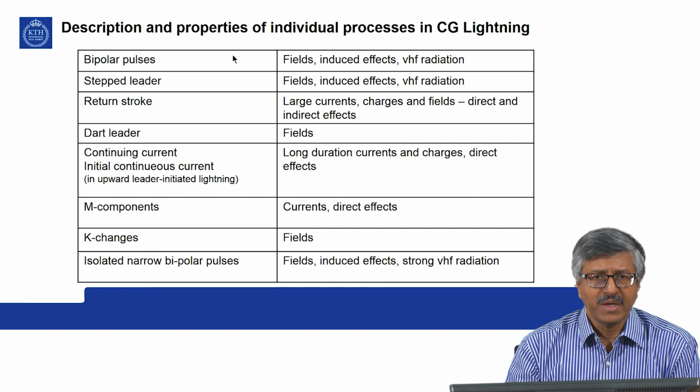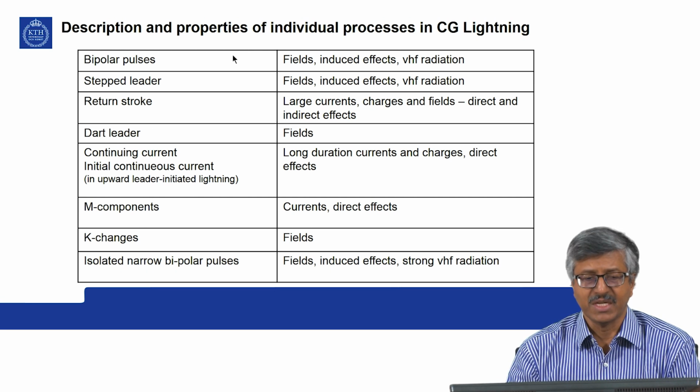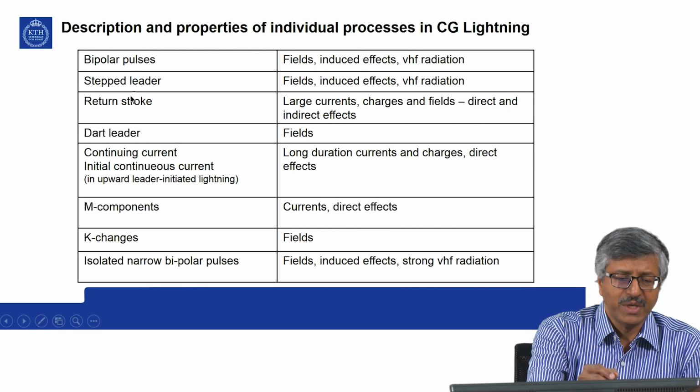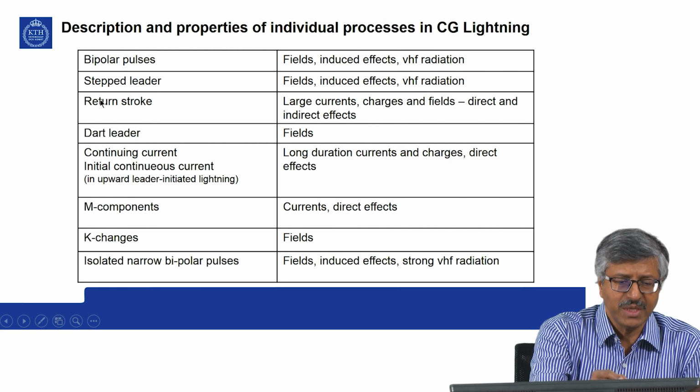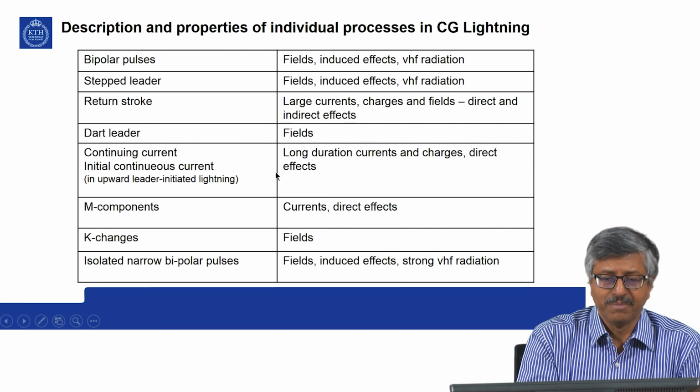So, if you look at a lightning flash, there are many events that happen in a lightning flash, and all of them have some effects on the structures. For example, we are not looking into the properties of all of this. We will only look at some properties of return stroke and continuing current only.